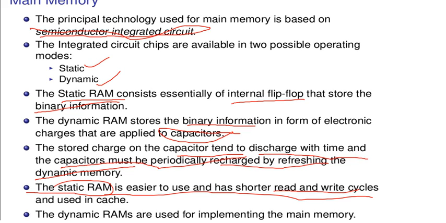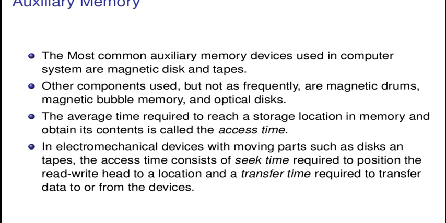And dynamic RAMs, the memories which are built using capacitors, are used for the implementation of the main memory. So static RAMs are used in the implementation of cache, and dynamic RAMs are used in the implementation of main memory. Now we will discuss the auxiliary memories.